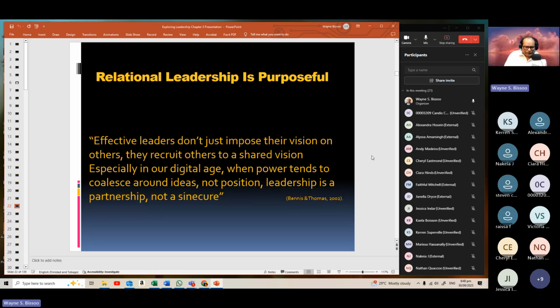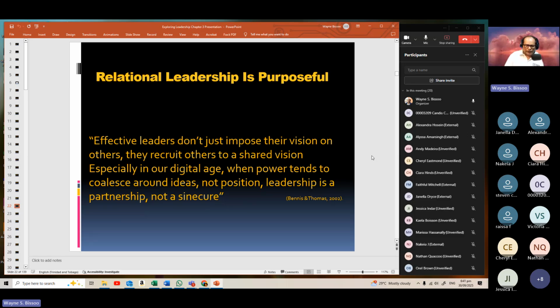All right. And the reason for that is that as an effective leader, you just don't want to impose your vision on other people. Because we go into a job site or an organization, or we create organizations, and we have an idea. We want to do something, we want to achieve something, we want to get somewhere. But it's only ours.